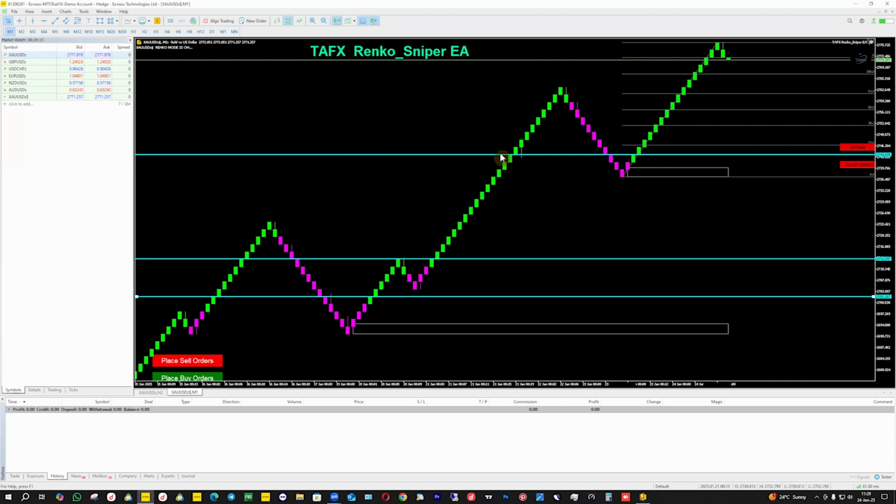So number five, you can set the brick size that you want. If you want every brick here to be 20 pips or 5 pips, that's up to you. You can set every brick so that you can be very sure that when you bank 10 bricks and every brick contains 10 pips, that is 100 pips.